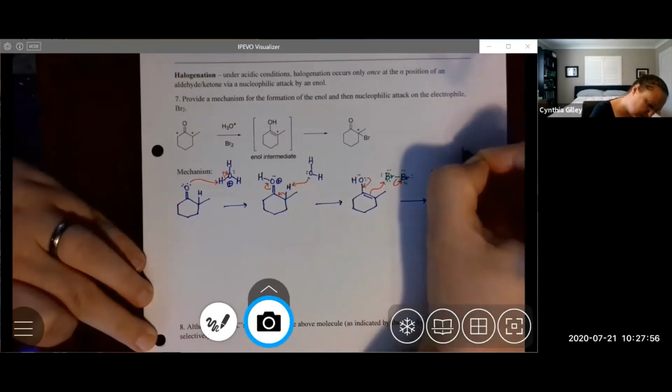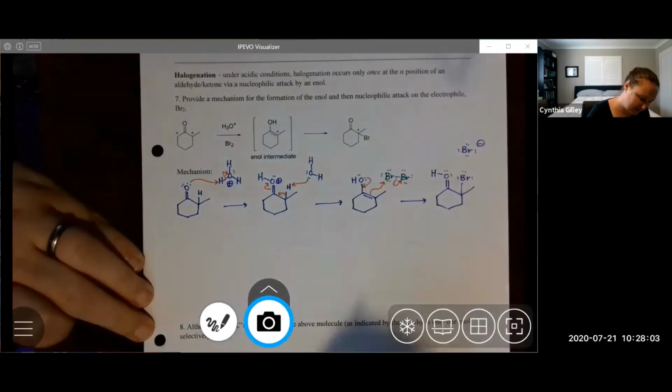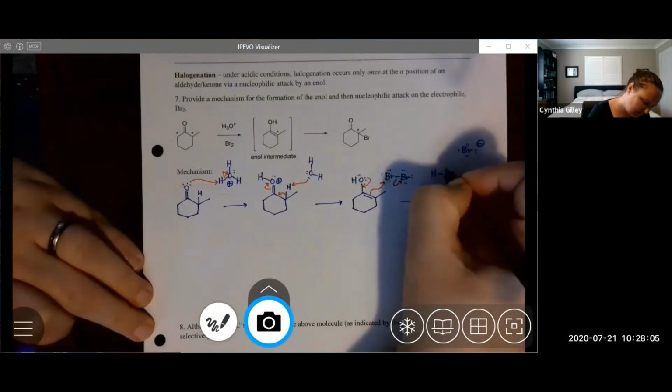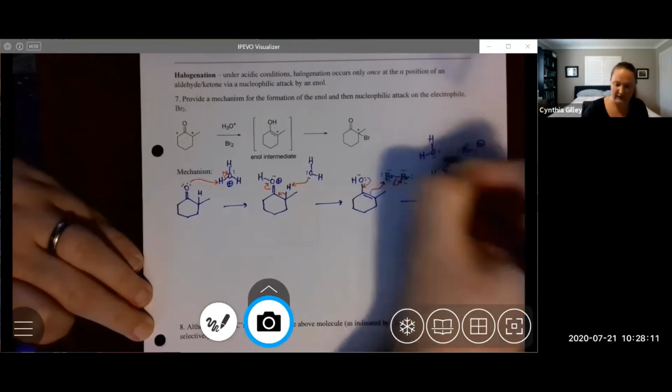We form some bromide in solution. But water is a better base than bromide, so I'm just going to go ahead and use another water molecule for my final deprotonation.